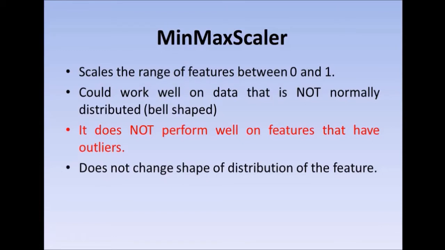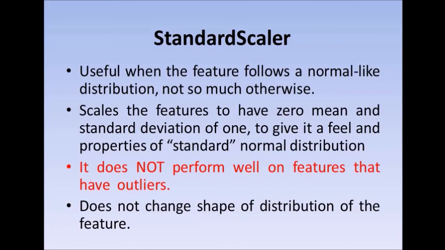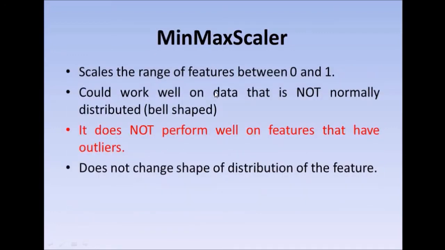Now, min-max scaler could be used when the data is not normally distributed. As we saw in the previous class, standard scaler works well on features that are normal-like. So it is useful when a feature follows a normal-like distribution and not so much otherwise.